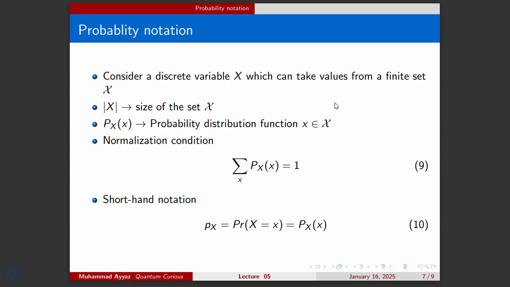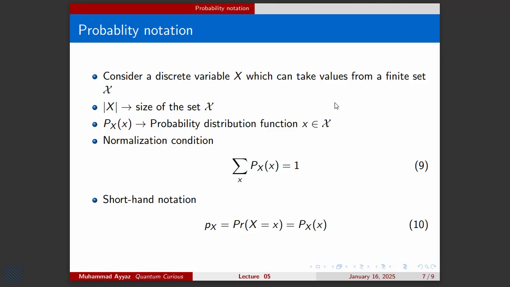The most important thing that any probability distribution should follow is the normalization condition, as we have described earlier, as it plays a crucial role in describing the physicality or validity of a given quantum state. So the sum of the probabilities of taking values from the set X should be equal to 1 for the normalization condition to be fulfilled.